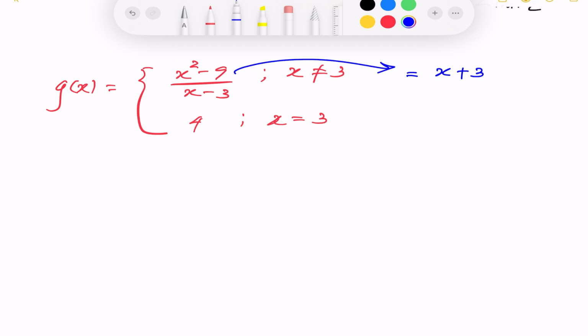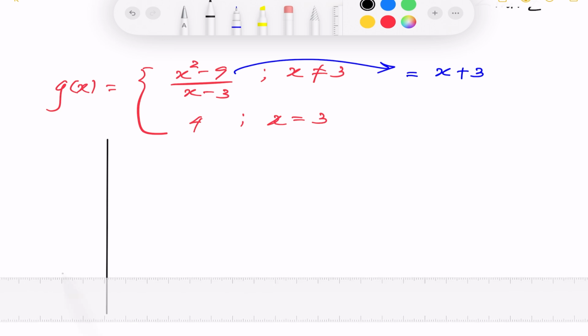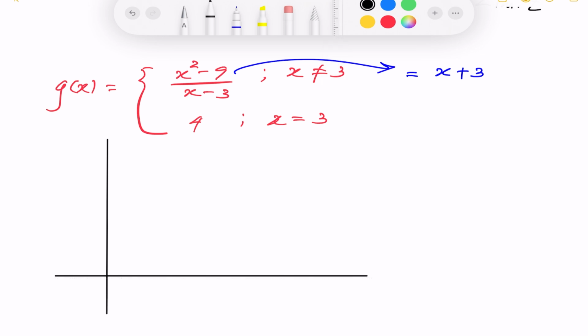All right, now what I'm going to do is just draw the graph. First of all, I will draw the x and y axis. So here's my y axis, and I will also need the x axis. Okay, we will label the axis, x-axis, y-axis, and here's the origin.